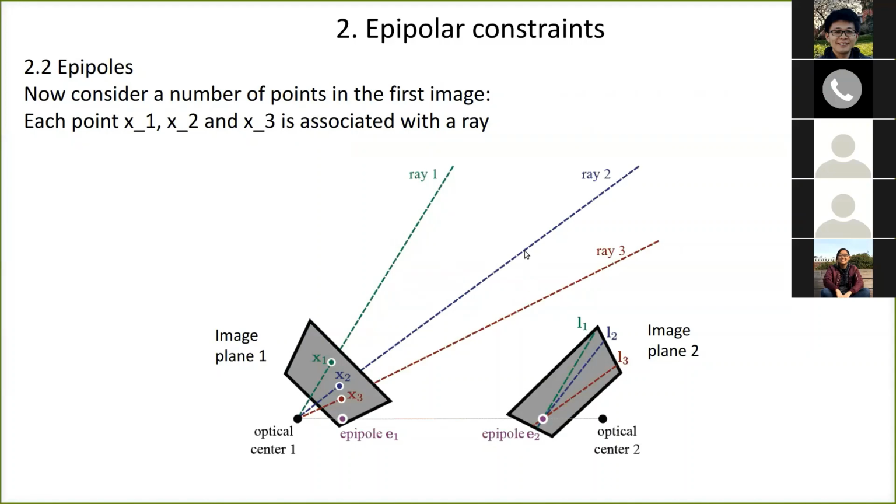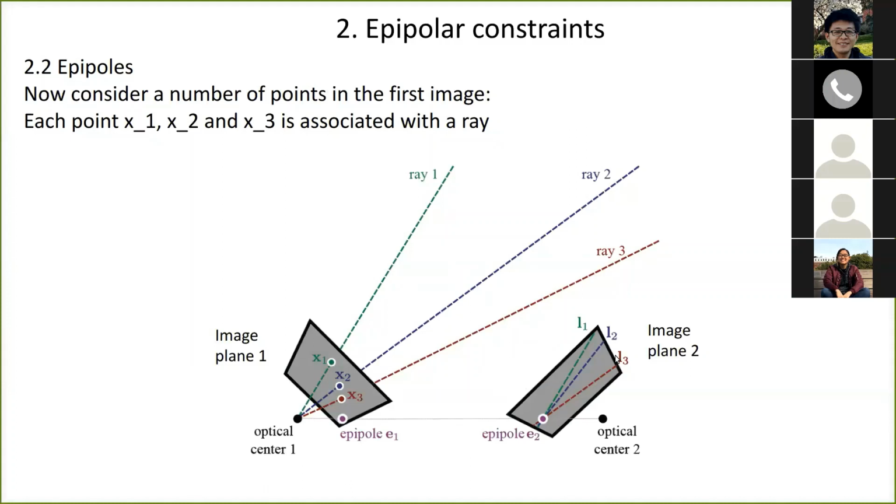Okay, so later on, let's talk about what an epipole is, a different notion. Now consider a number of points in the first image, x1, x2, and x3, and we form different rays, ray 1, ray 2, and ray 3, and we project these rays into another view, into a different image plane. These projections are the three different epipolar lines, right?